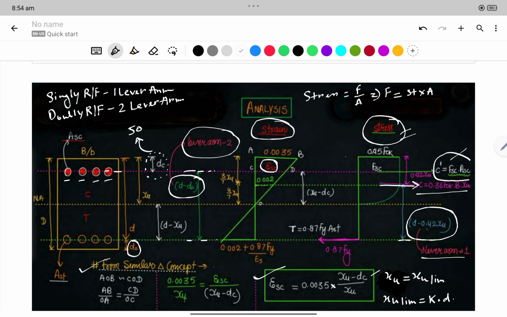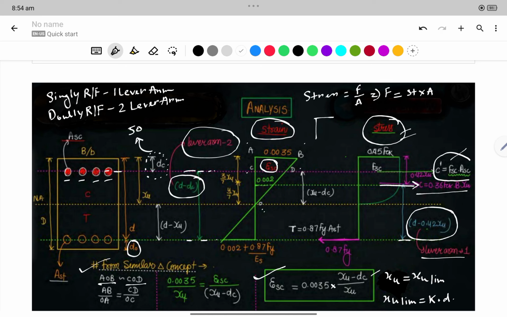If you want to know how this value is coming, you can see here that similar triangles we are taking are AOB and COD. So AB by AO, perpendicular by base, and in this small diagram also, base by perpendicular, CD by OC.